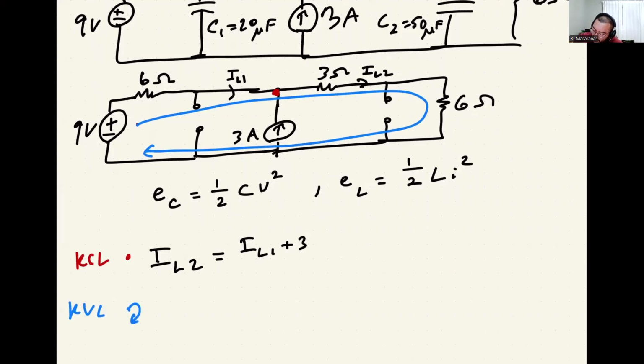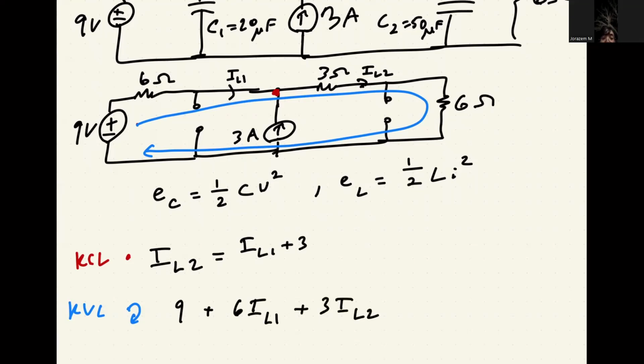That gives me 9 volts plus 6 IL1 minus 3 IL2, and then minus 6 IL2 is going to be 0.